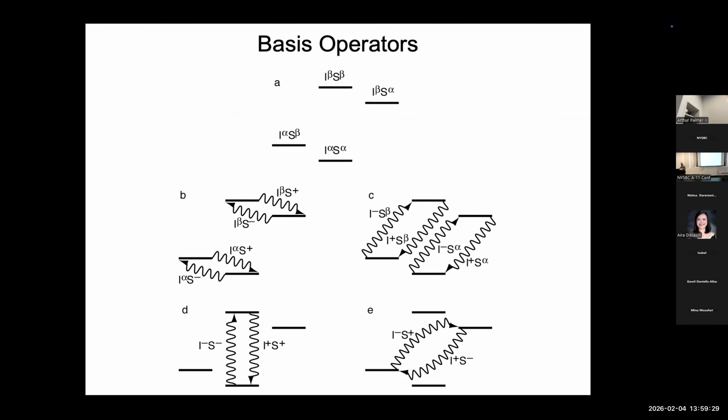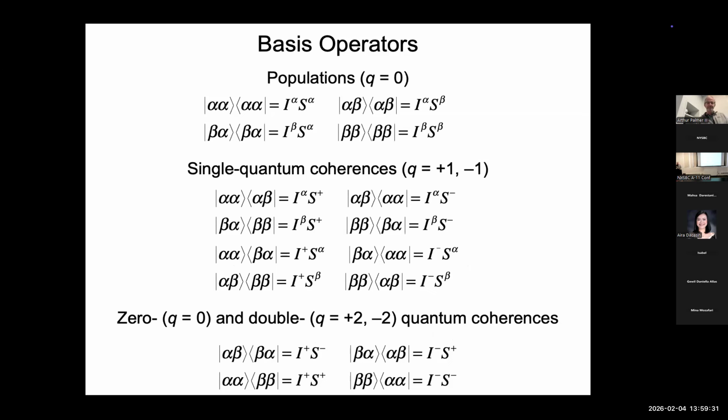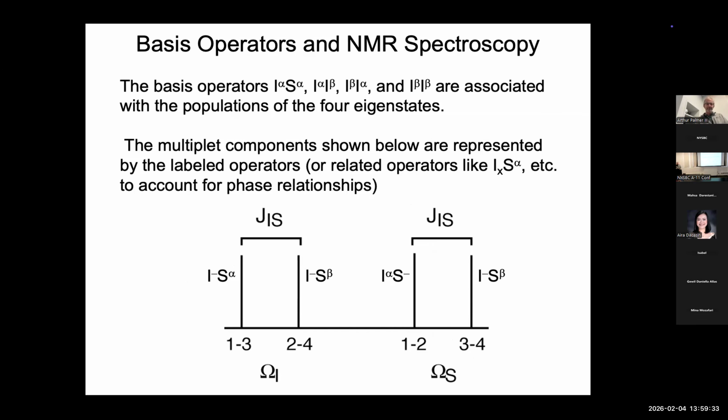So if I look here, for a 2-spin system, I get a doublet centered at omega I split by the J coupling, and the other doublet is omega S split by the J coupling.